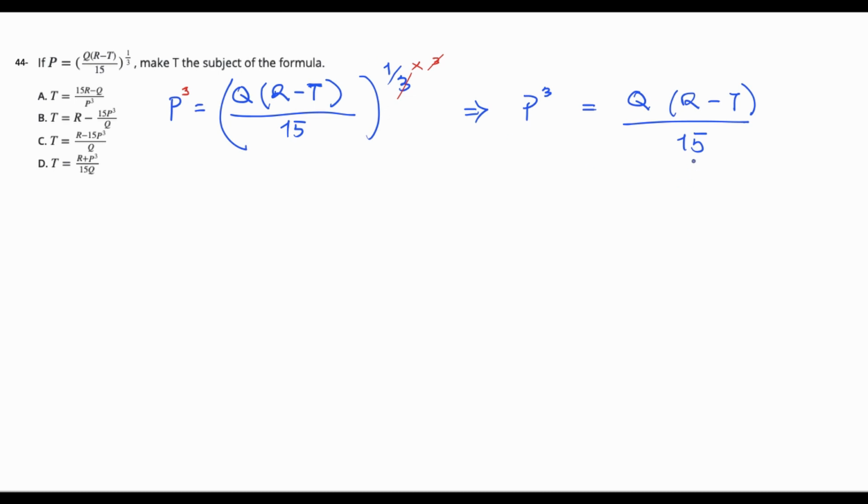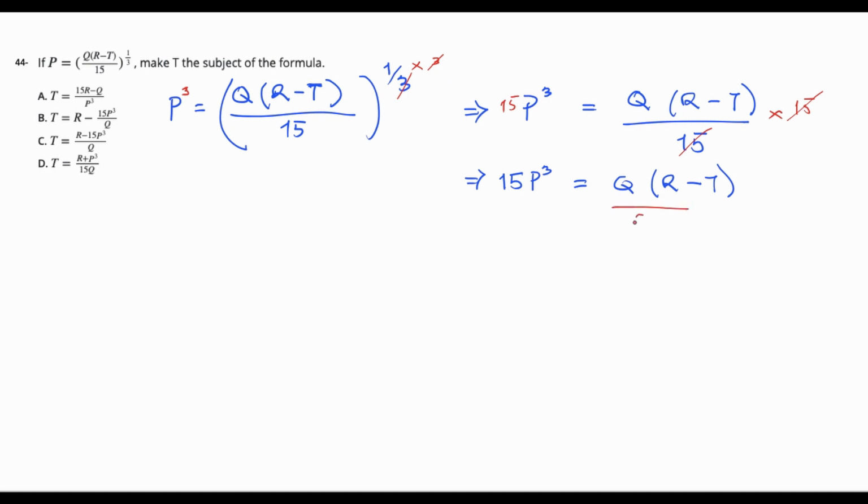The next thing we need to do is multiply both sides by 15. If you multiply this side by 15, 15 cancels out 15 here, and you have 15p cubed here. So our new equation is 15p cubed is equal to Q in bracket R minus T. The next thing is to get rid of the Q here.